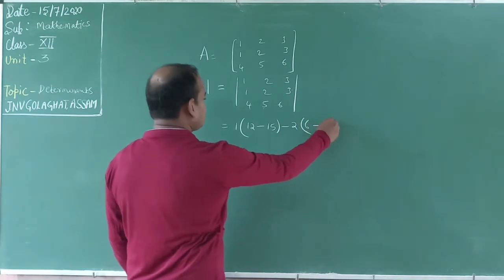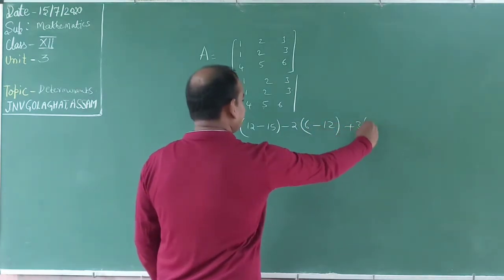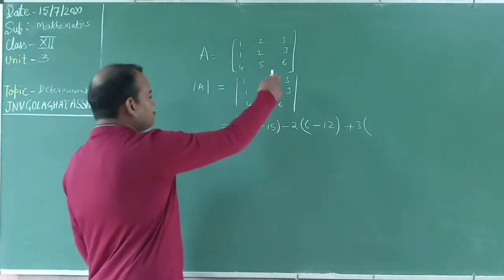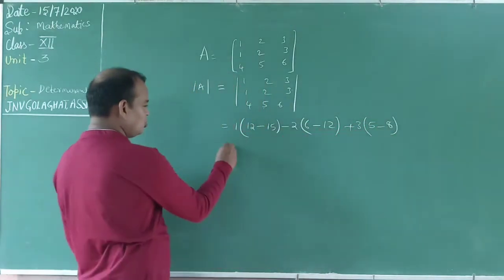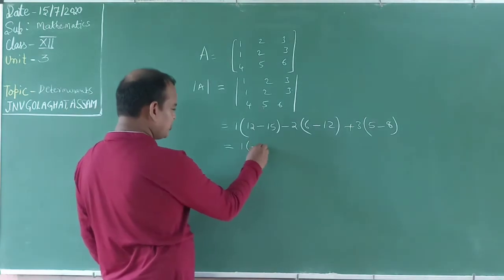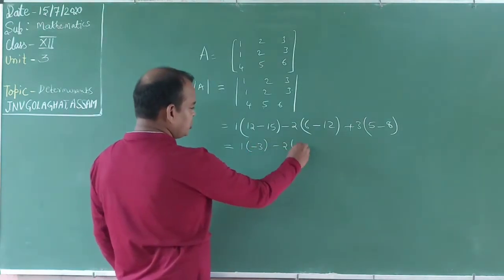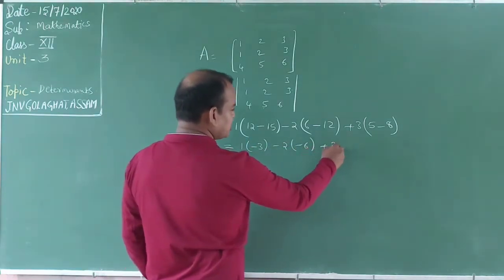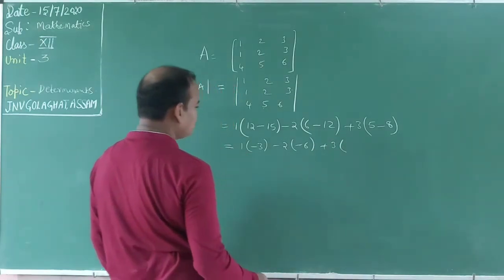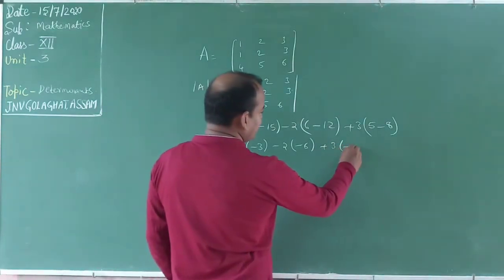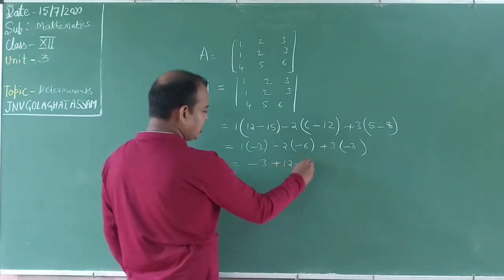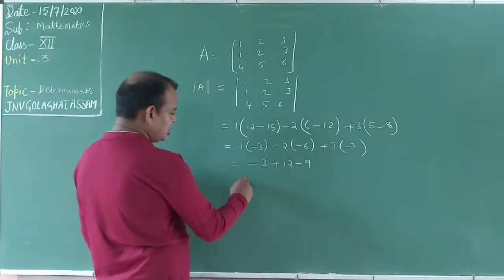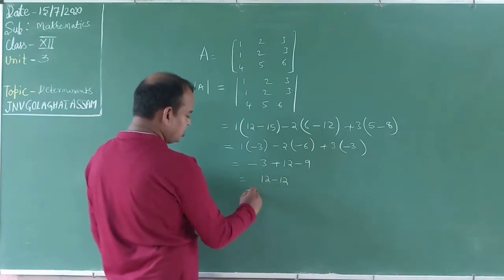Now 12 minus 15 means minus 3, minus 2 into minus 6 plus 3 into minus 3. This is equal to minus 3 plus 12 minus 9, that is equal to 12 minus 12, that is equal to 0.